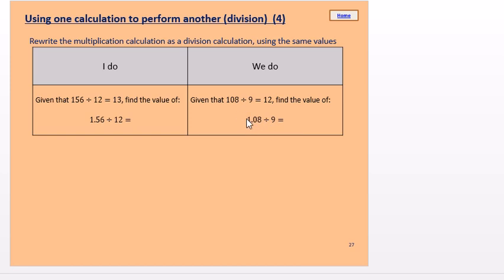But 1.08 and 108, we have to compare those two. 1.08 is 100 times smaller than 108, so our final answer will be 100 times smaller than 12. So 12 divided by 100 gives me 12 over 100 as a fraction. You can simplify that, or you can write as a decimal, 0.12.